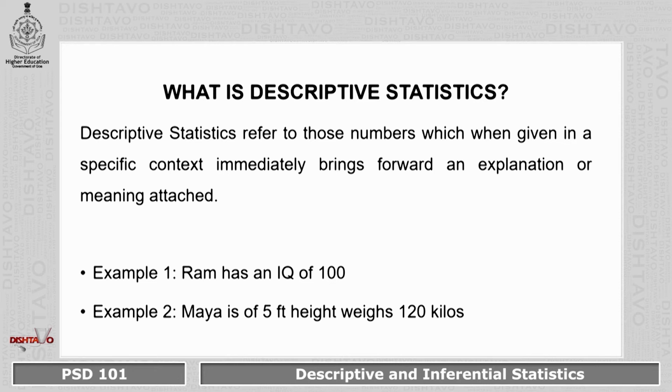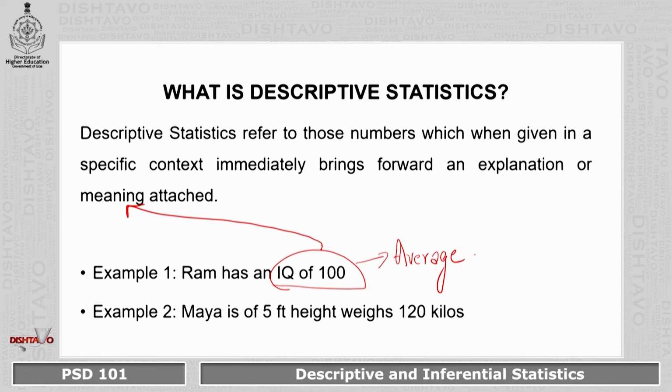For example, Ram has an IQ or intelligence quotient of 100. As psychology students, we all know that an intelligence quotient of 100 means that the person is of average intelligence. So this IQ of 100 gives forward a meaning which we understand from this number.